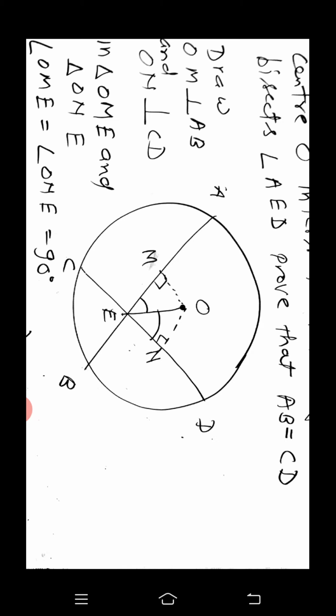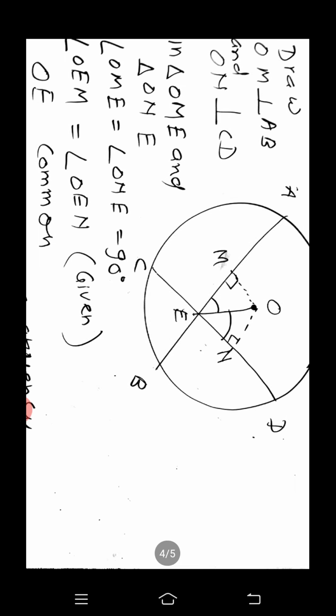Angle OME equals angle ONE, that is 90 degrees. And angle OEM equals angle OEN, since it is given that OE bisects angle AED, so these two parts will be equal. And OE is common to both triangles.